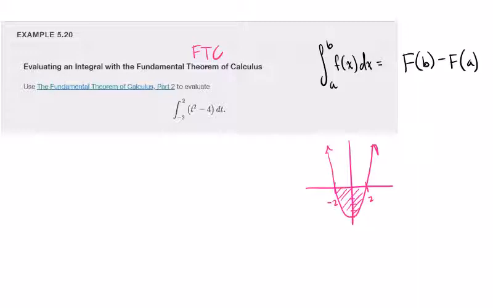So now what we can do is start with just taking the antiderivative of this, right? If I was looking for capital F of t, and I'm using t because that's the designated variable here, the antiderivative would be t cubed over 3 minus 4 times t, right?